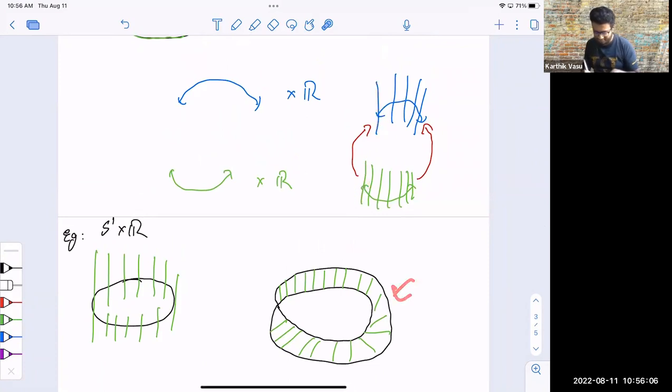This is called the Mobius strip. I've drawn it finitely, but this all goes infinite here.